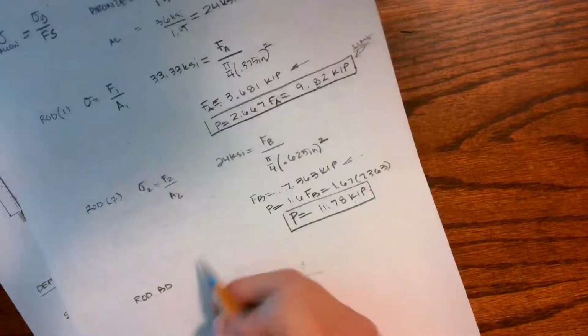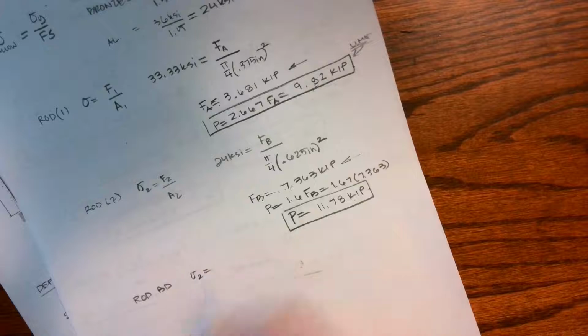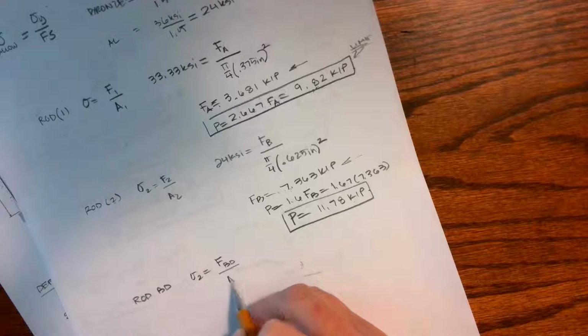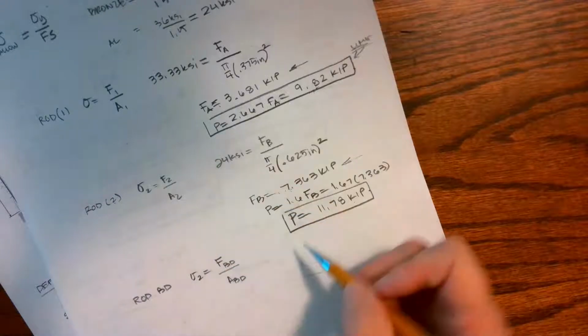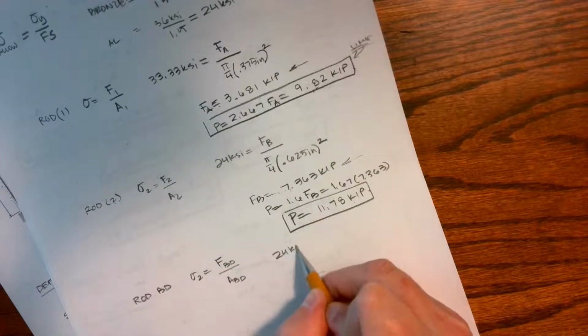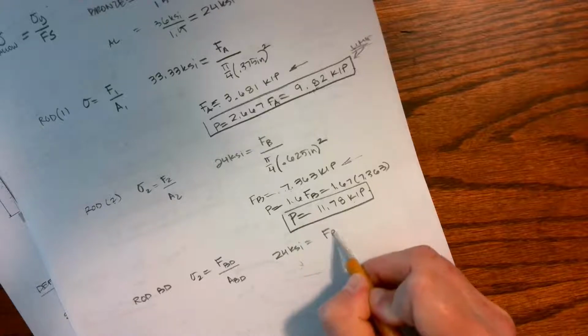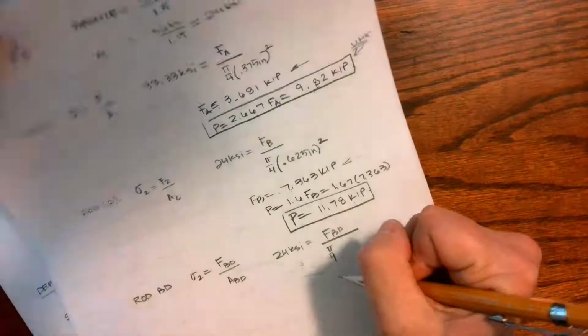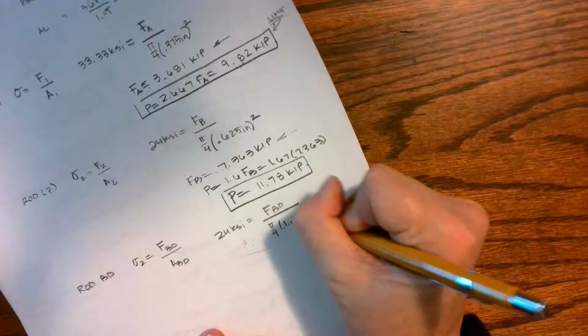Okay, and it too is material 2, and I'm going to have a force in BD divided by the area of BD. So it's the same material, so we have 24 ksi equals the force in BD that would cause failure divided by pi over 4 times 1 inch squared.